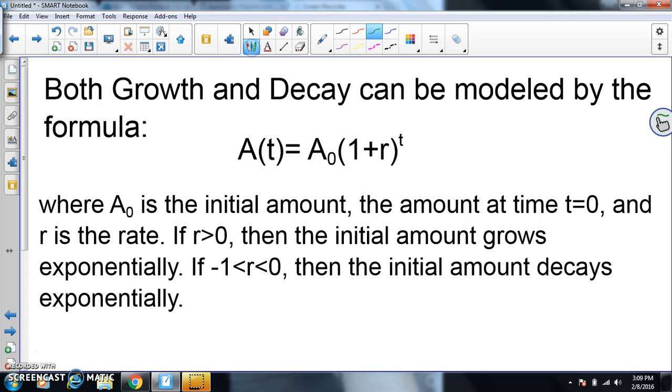If r is greater than 0, then the initial amount will be growing exponentially. And if r is in between -1 and 0, then the initial amount decays exponentially.